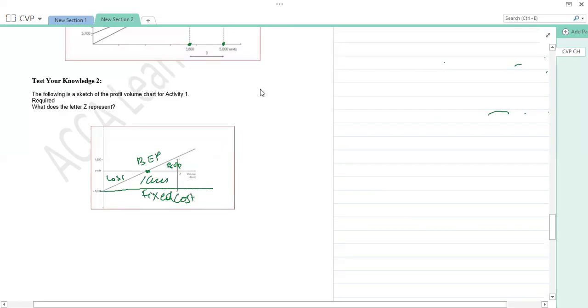As I told you earlier, if I want to calculate the contribution in an indirect way, it is equal to profit plus fixed cost. I have a profit of 1,800 and fixed cost of 5,700.